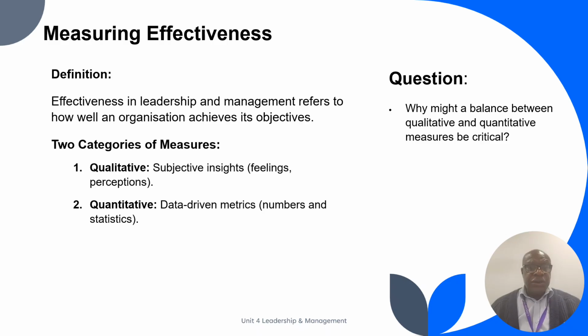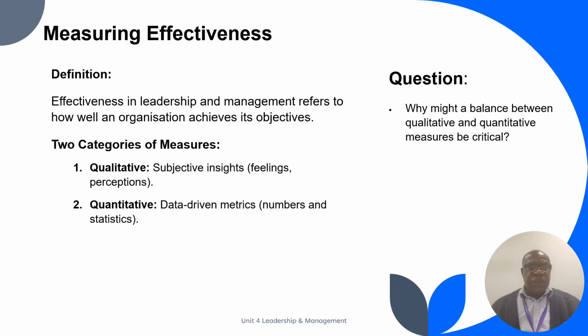There are 2 main categories of measurement that can be applied. These are referred to as qualitative and quantitative. Qualitative is a subjective insight that measures the feeling and perception of persons. So you cannot put a concrete answer to it, but it's about a feeling and one's perception of how well one is doing.